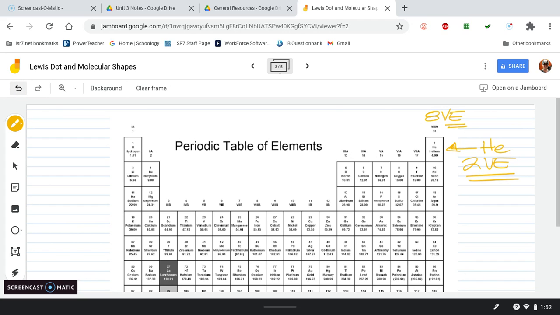So you want to write down what valence looks like: that's a V, and then E for electrons, and these are the outside electrons. Let's write down how many valence electrons each column has. Column 1 has 1 valence electron. Column 2 has 2. Boron, 3. Then 4 for carbon.